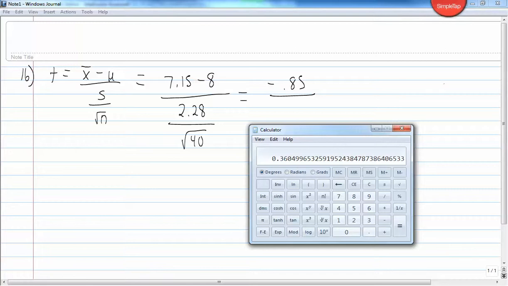So there's a couple ways you could do this now. You could either say the inverse of this times negative 0.85, or you could type in negative 0.85 and divide by this.